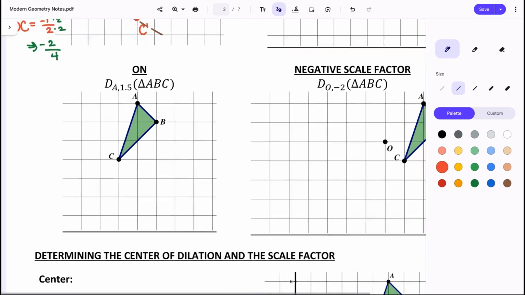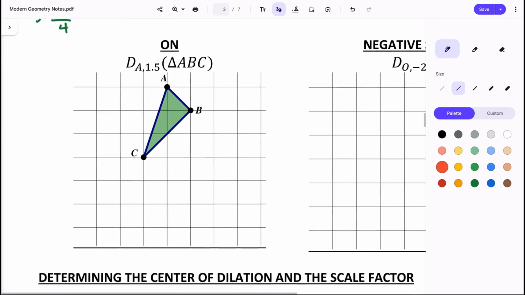If we look at this third case, where's my center this time? It's the A. Is the center going to move at all? No. So is A going to change at all here for this one? No. So what I like to do when the center is on the shape is just right on top of it, I'm going to kind of just put another dot and I'm going to call it A prime right next to it.